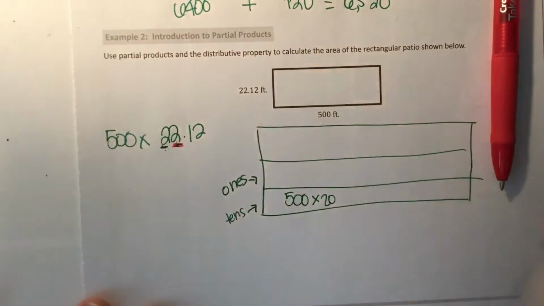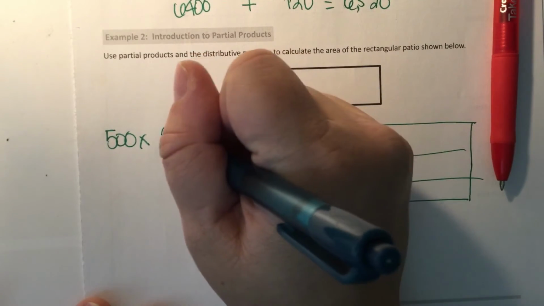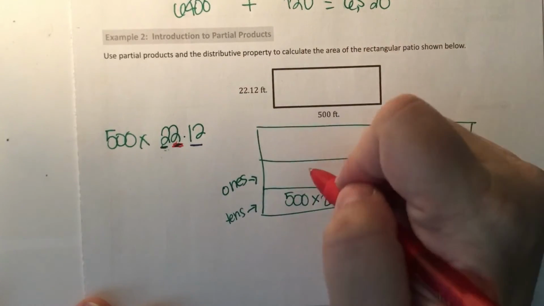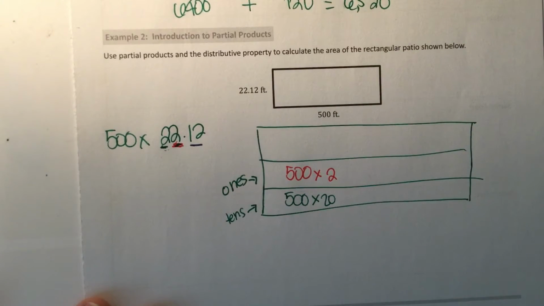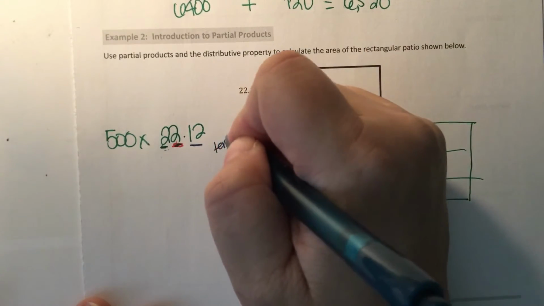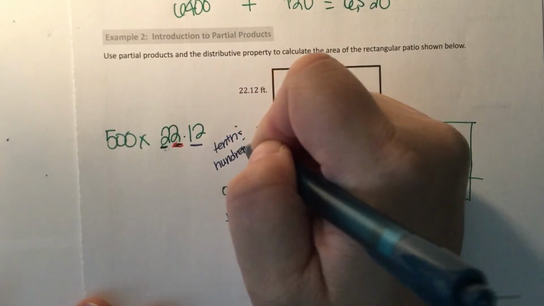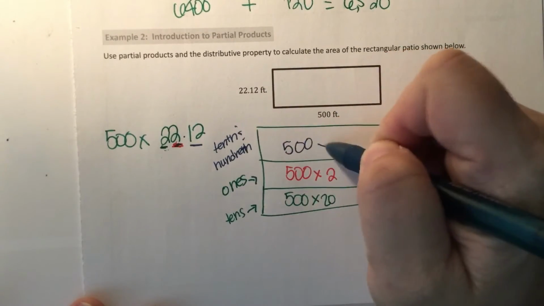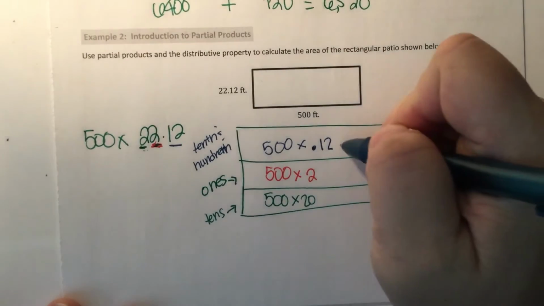And then our tenths and the hundreds, we can do those together. Okay. So ones, we have 500 times 2, right? Okay. And then our tenths and hundredths. Okay, hundredths is going to be 500 times 0.12. Okay. See this nice little box here? Okay.